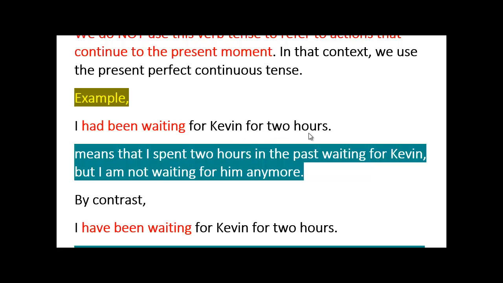The difference is that with have been waiting, you're still there, still waiting. If you're using the past perfect continuous, you waited for 2 hours, but that's it, you left. You are not waiting for Kevin anymore. That's the difference between present perfect continuous and past perfect continuous.